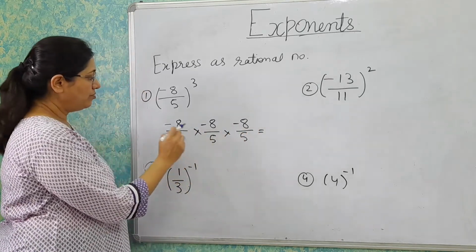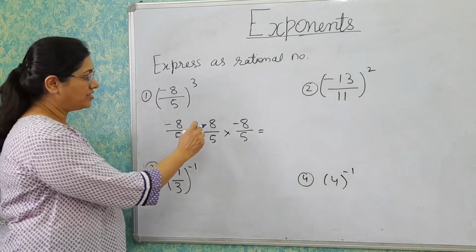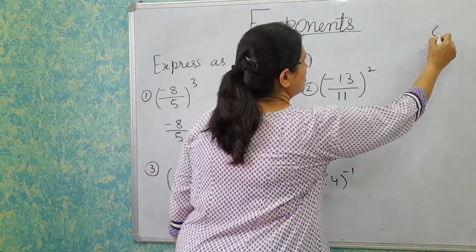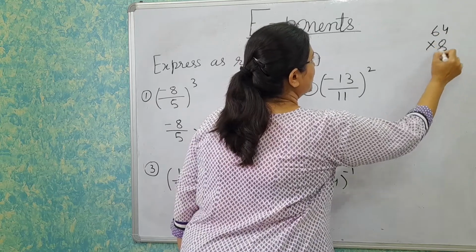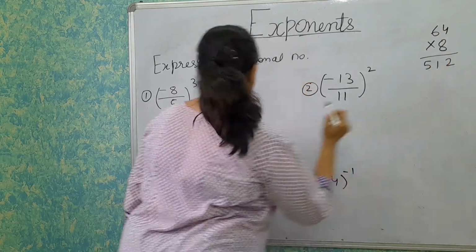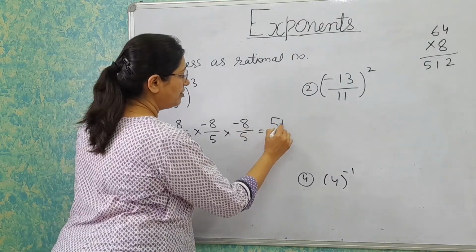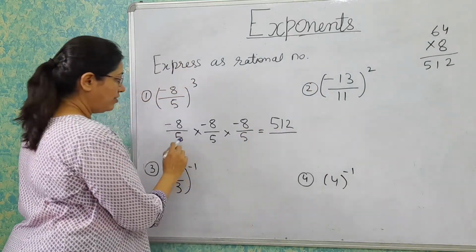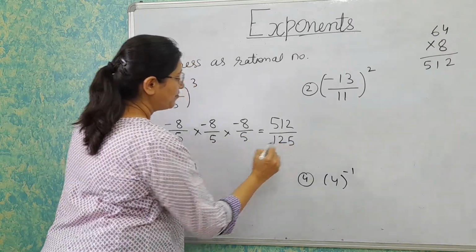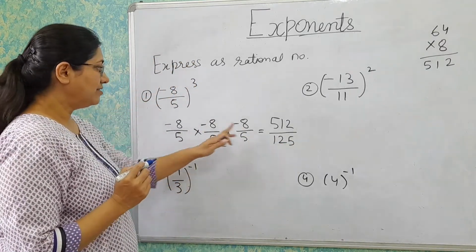So my answer would be: 8 8s are 64 and 64 8s are 512, upon 5 5s are 25 and 25 5s are 125. Now we will decide the sign.